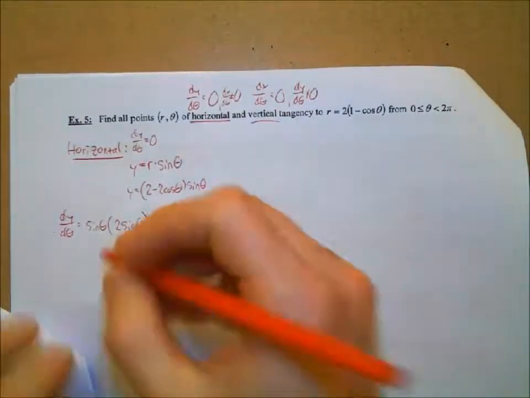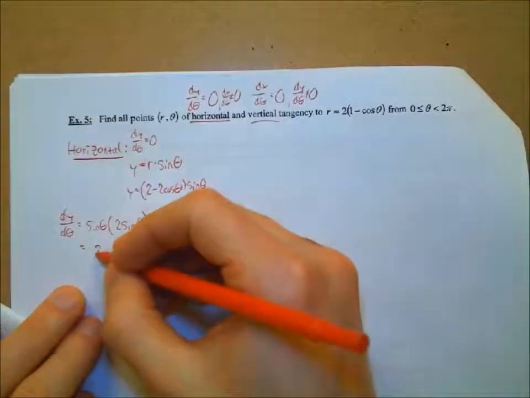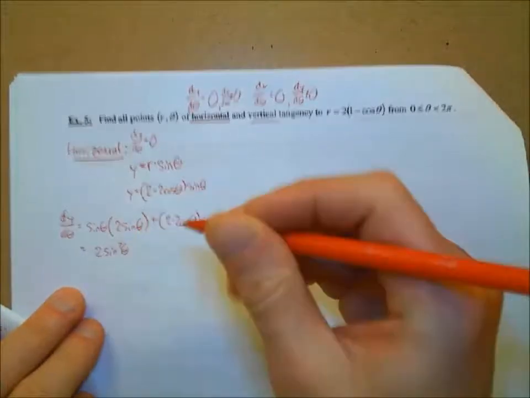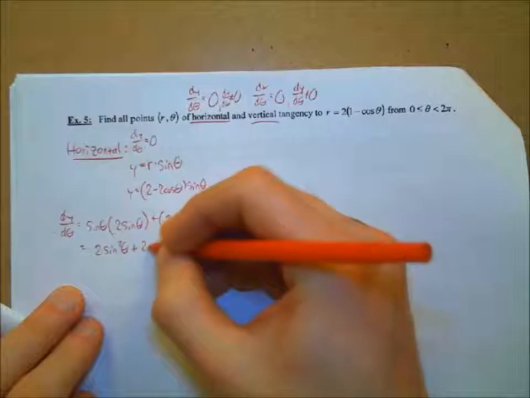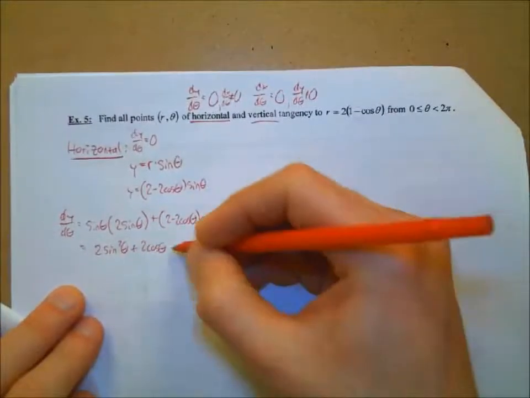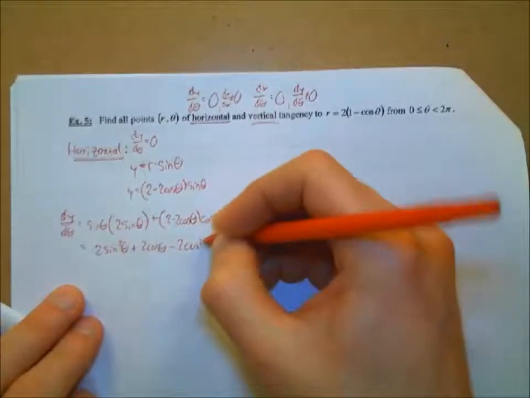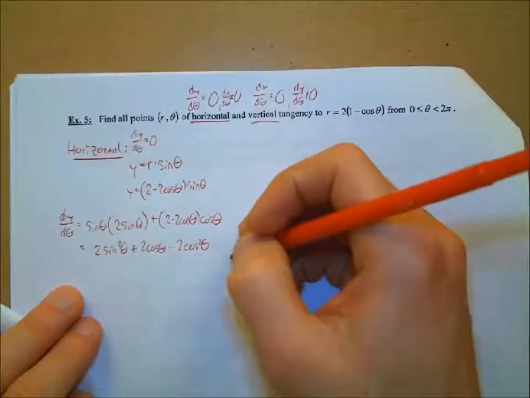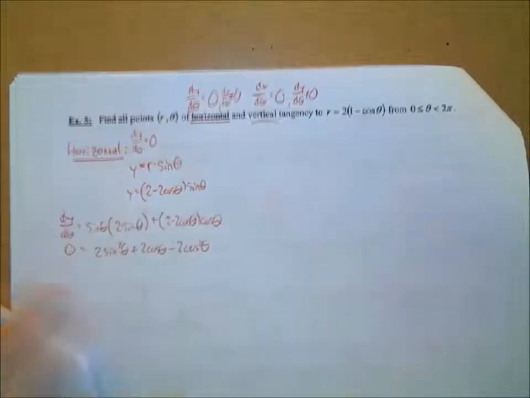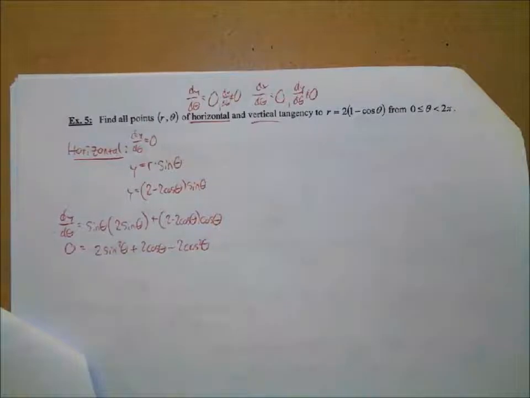If I simplify that, to make it look a bit nicer: 2 sine squared theta plus 2 cosine theta minus 2 cosine squared theta. And we want to know when this is equal to what? 0. Okay, we'll set it equal to 0 there.